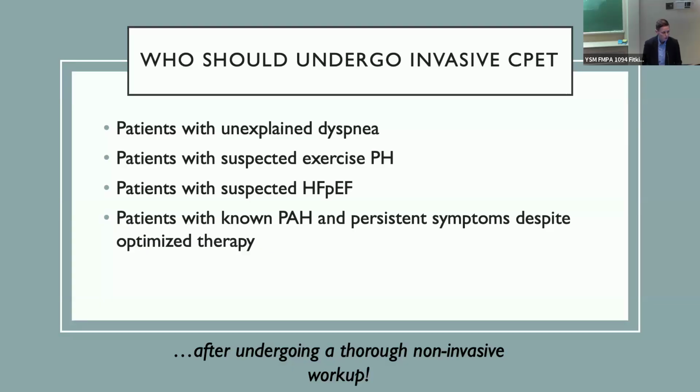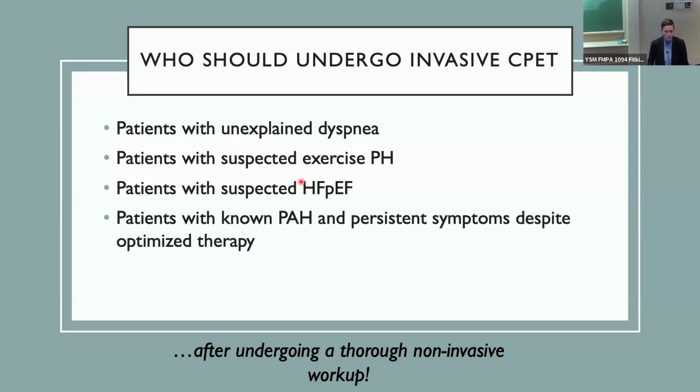So who should undergo invasive CPET? One, patients with unexplained dyspnea who have had an otherwise unremarkable non-invasive workup. Patients who have suspected exercise PH, including and especially those with risk factors for progression to resting PH. Patients who have suspected HFpEF, who have otherwise had an unremarkable non-invasive workup.